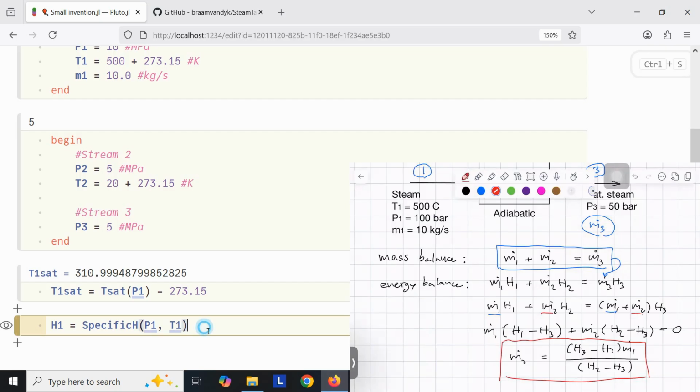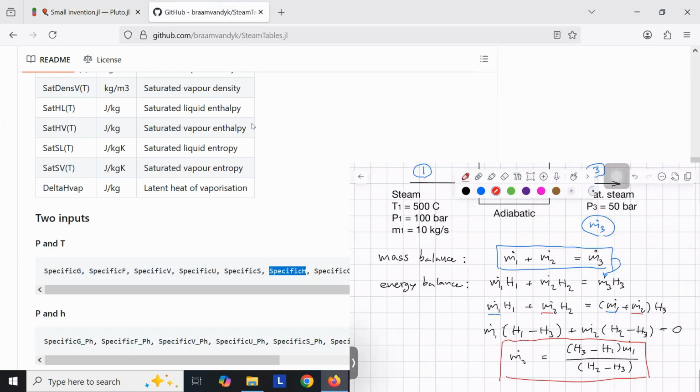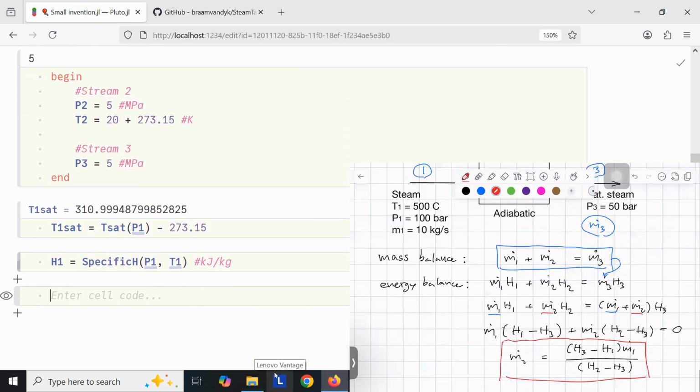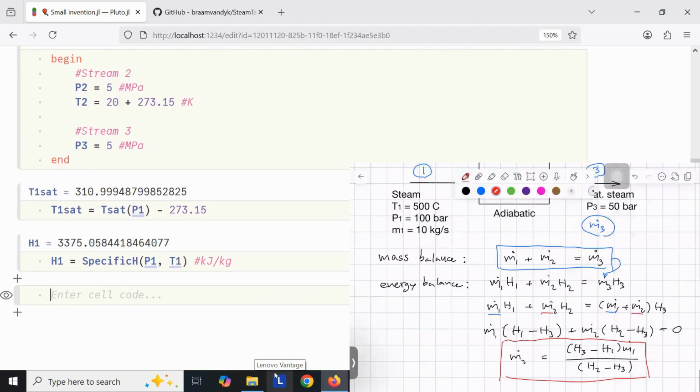And keep in mind that the unit is in kilojoule per kilogram. I found some error in the website. The unit here is supposed to be kilojoule, not joule. So you can hit Control Enter to get H1 for stream number 1.